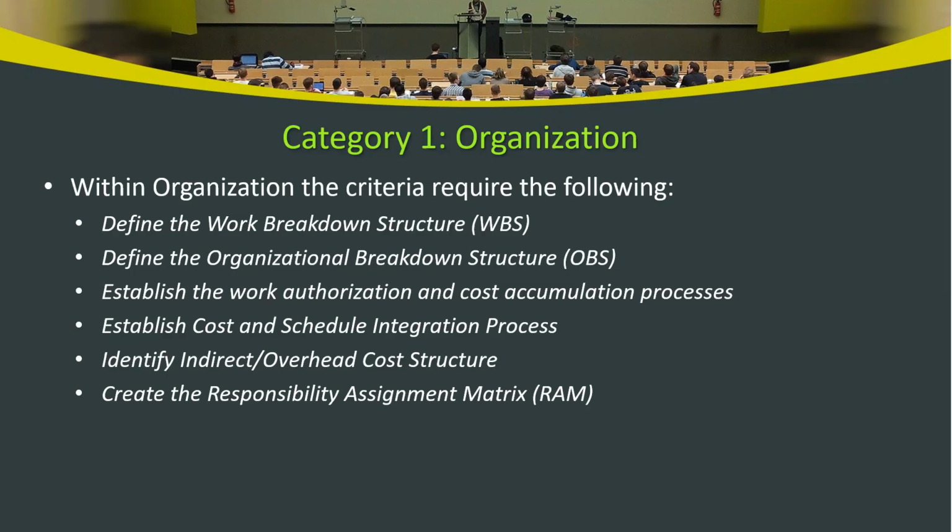So we break down the total scope into progressively smaller chunks until we achieve a size that we can manage and we can assign some resources to. The lowest level elements of WBS are called work packages. WBS helps us organize and define the total work required to complete the project.